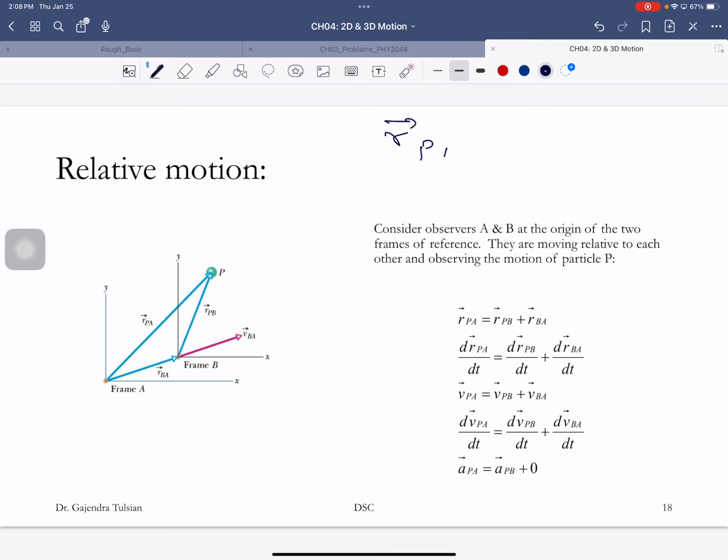This is particle in A frame, and we're just introducing a B in between. Particle in B frame plus. So if this is B flying in there, how does this guy describe the motion of the B?